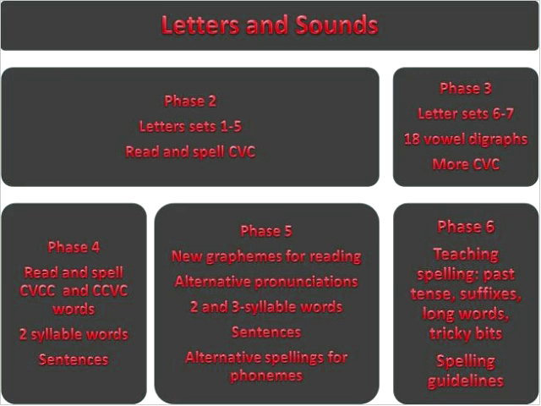Phase 4, we start to learn how to put the consonants together, so that we can, you can see there, I've put C, D, C, C, that we look at how we can blend consonants at the end of a word, so that we might get a word like bend, b, e, n, d. And we show the children how we can put those together to read the word bend.